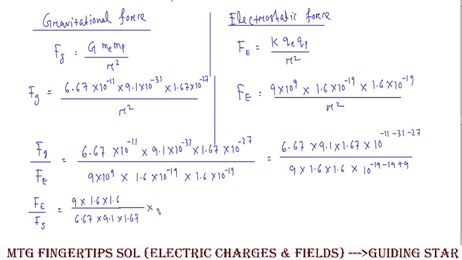In the denominator it will be 10 to the power minus 69, and in the numerator we get 10 to the power minus 29. So 10 to the power minus 29 minus 69 gives a net power of 10 to the 40.